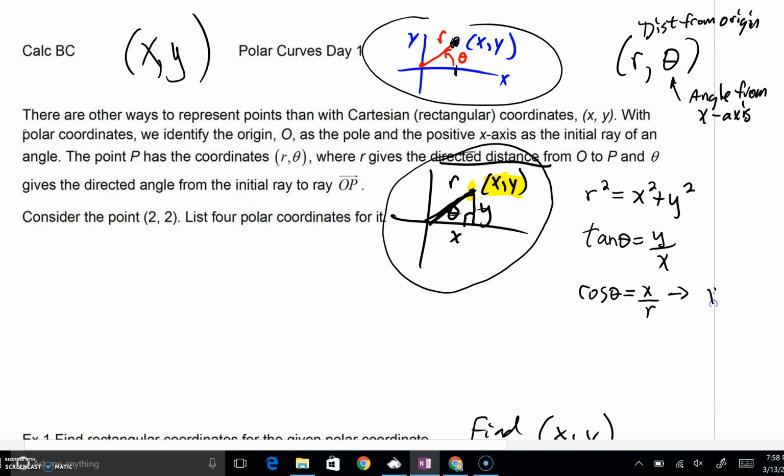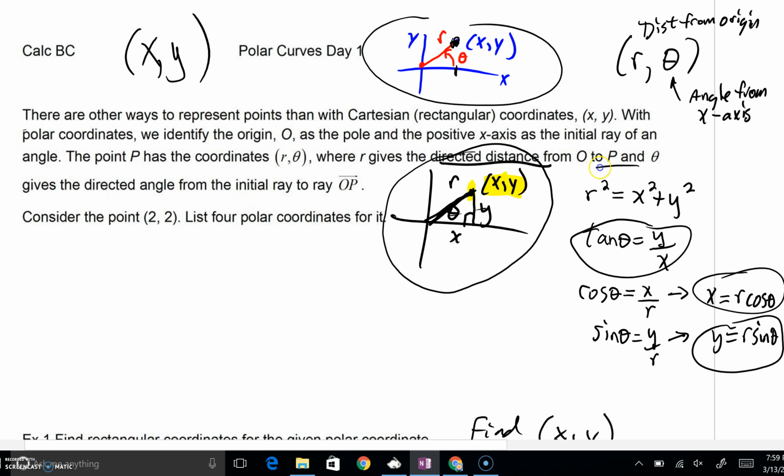But that means that x is equal to r cosine theta. Similarly, we could say sine of theta is equal to y over r. And this is going to lead us to also know that y is equal to r sine of theta. What we have here are 4 very valuable links between the two systems.